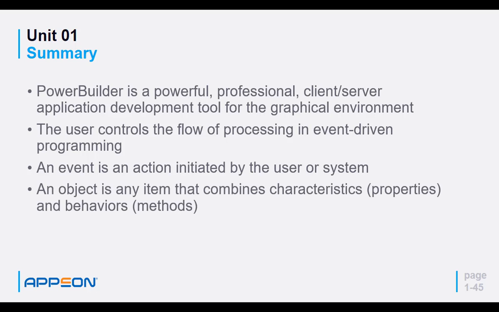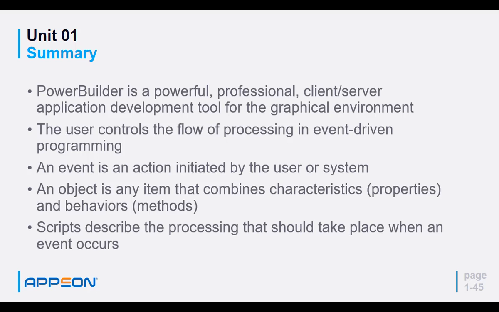Of course, an object can combine properties or characteristics and known behaviors, which we call generically methods, that do work for us. Properties, of course, control the look and feel of the object on the screen. Scripts are pieces of logic that you can attach to an object, and they get executed when a message arrives, or what PowerBuilder calls an event.